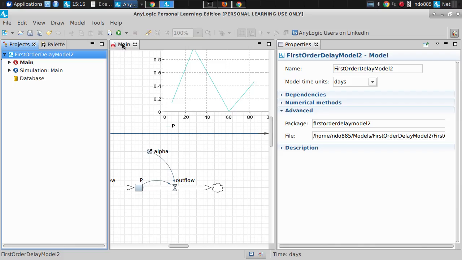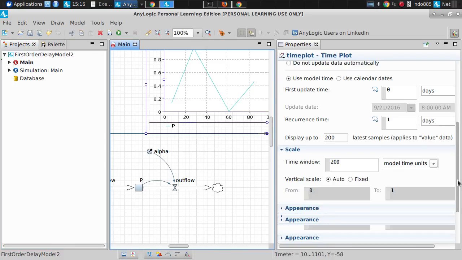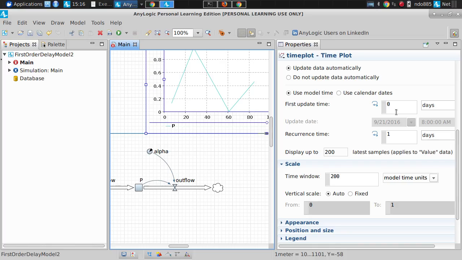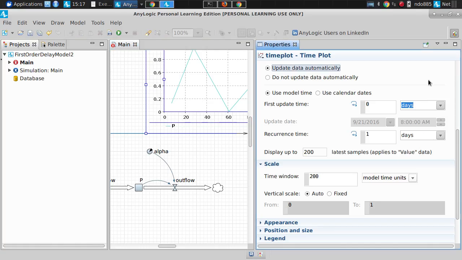So make sure it's days for the model as a whole, and that the update time is in days. You don't want a model that is in days and the time unit update is in seconds. That would be adverse, okay? Do you see that? Make sure it's in days here for the update times.